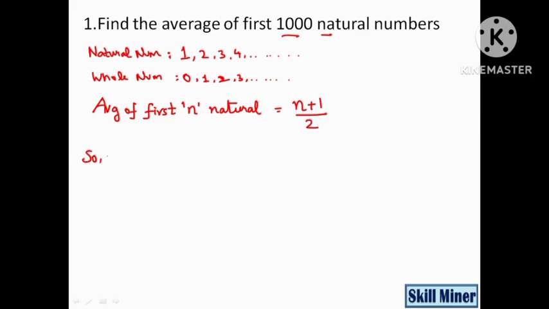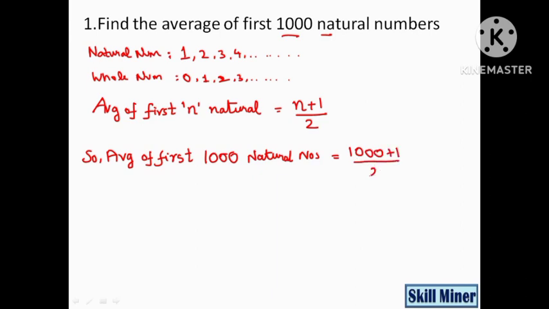So average of first 1000 natural numbers would be 1000 plus 1 divided by 2, which is equal to 1001 divided by 2.